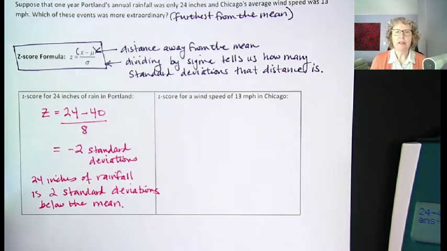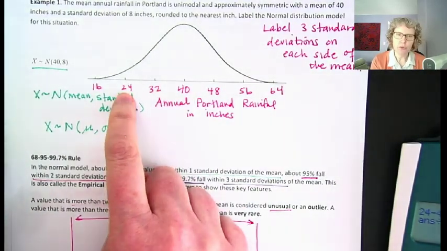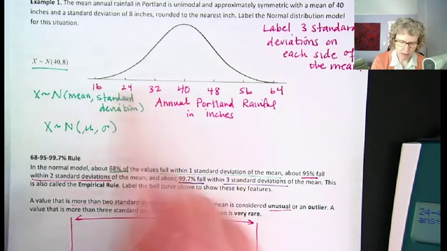I wouldn't say -2 below because that's a double negative. The negative means below. Now remember when we drew this out, we can actually see that 24 is exactly 2 standard deviations below. Pretty cool, huh?